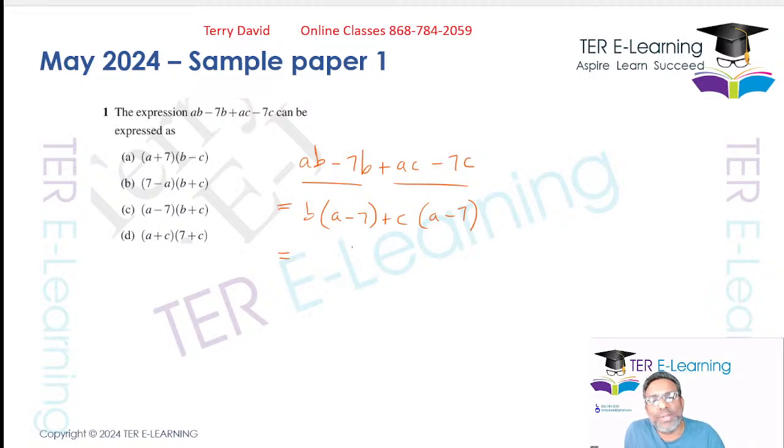Once you factorize by grouping, you're going to have 2 brackets that have to be the same. If they're not the same, then I can't do anything else. So I'll write down that common bracket first, which in this case is a minus 7, and then the next bracket will be b plus c. So the answer is a minus 7, b plus c, which is option c.